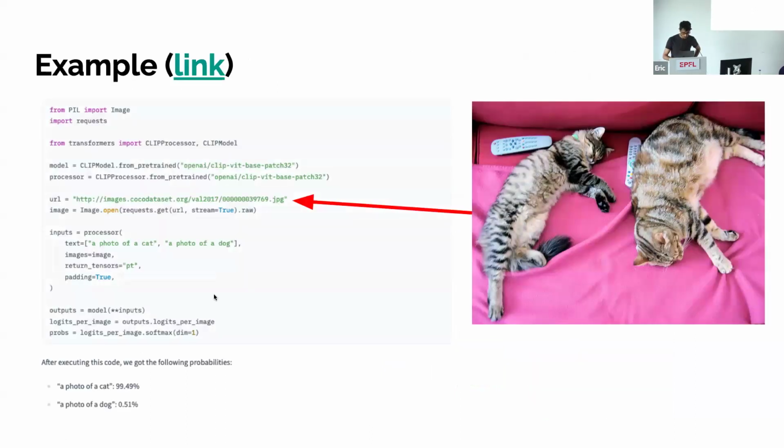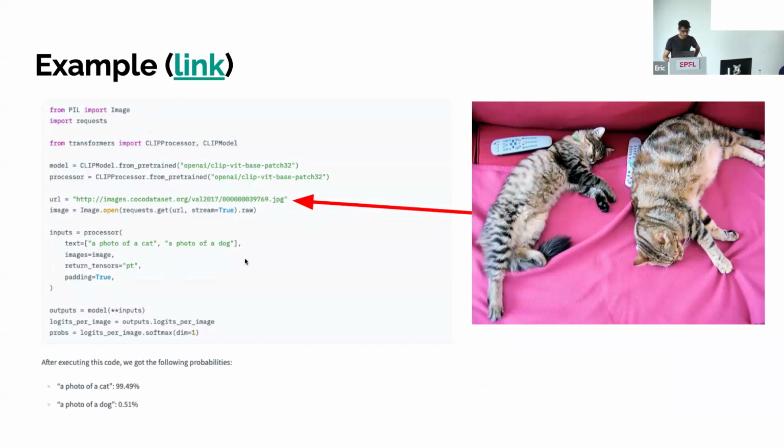I've also put a link here on how you could do zero shot. As before, they load this CLIP model from a pre-trained checkpoint. They also load its preprocessor. Here they want to test this cat picture. For zero-shot learning, if you want to detect if something is a cat or a dog, you pass to this processor all the classes.